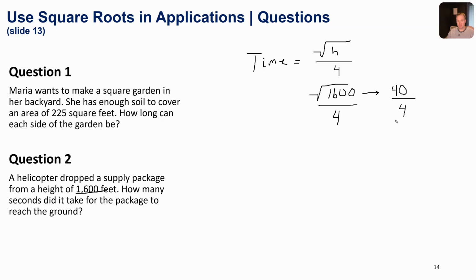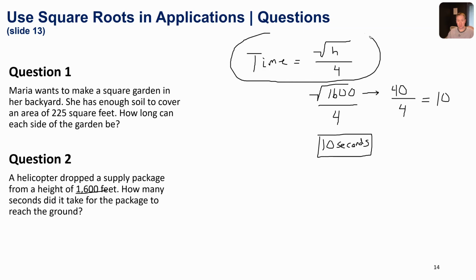So then we have 40 divided by 4, which then is equal to 10. So in other words, it takes a total of 10 seconds for our package to fall 1,600 feet here. Okay, and we're done with question 2. So when you come across these types of questions, that is the type of formula you will be using.